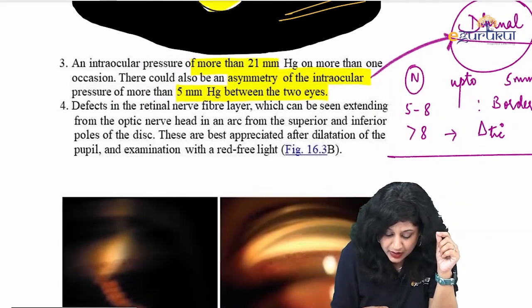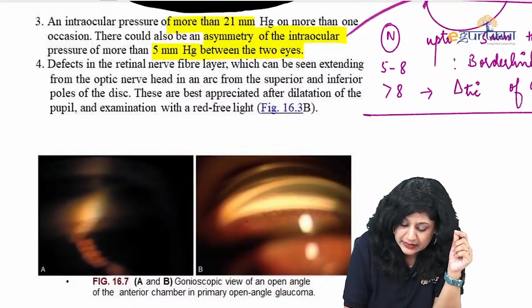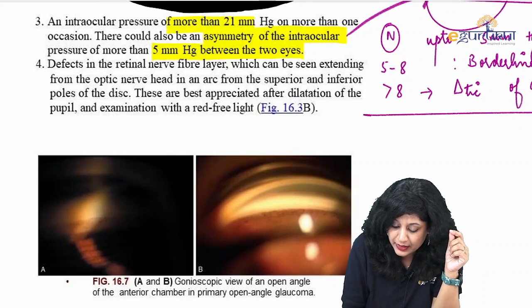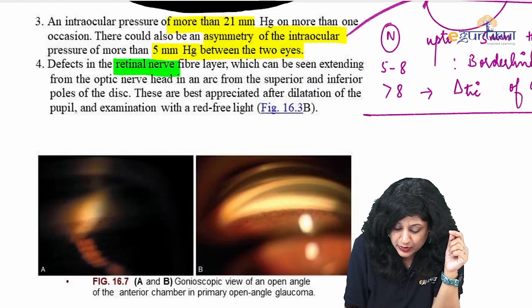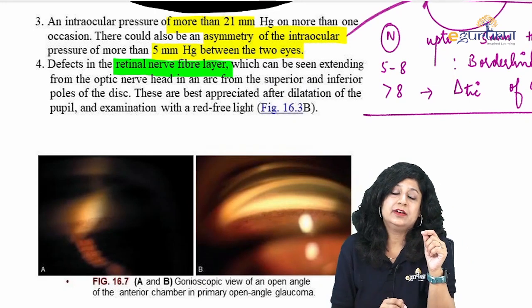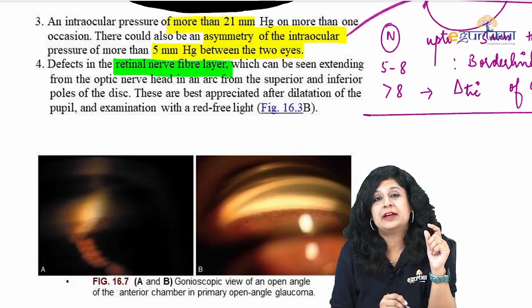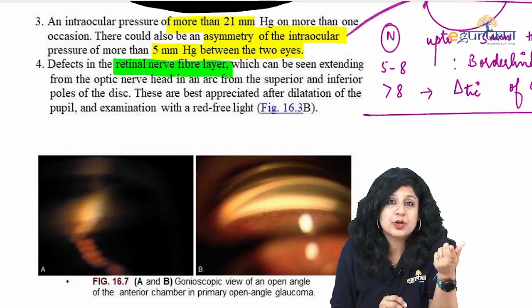Alright. Now let's talk about the retinal nerve fiber layer. We can also have defects in the retinal nerve fiber layer, and why? Because the nerve fiber layer is the layer which continues to form the optic nerve.